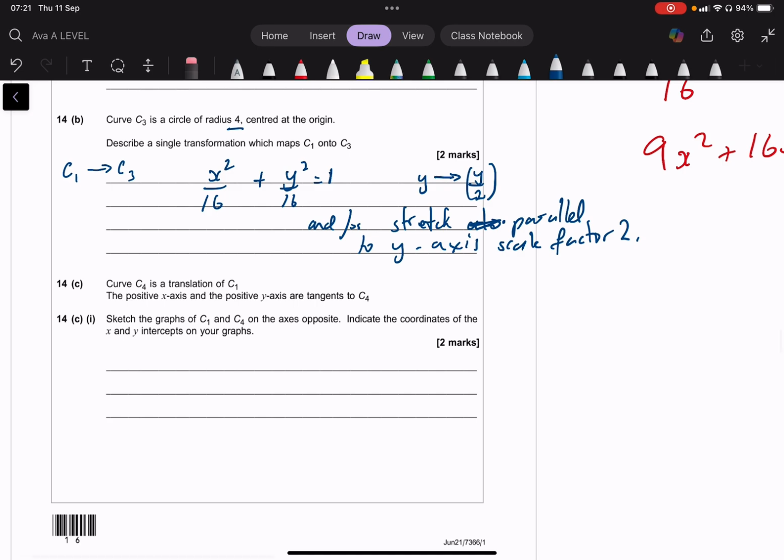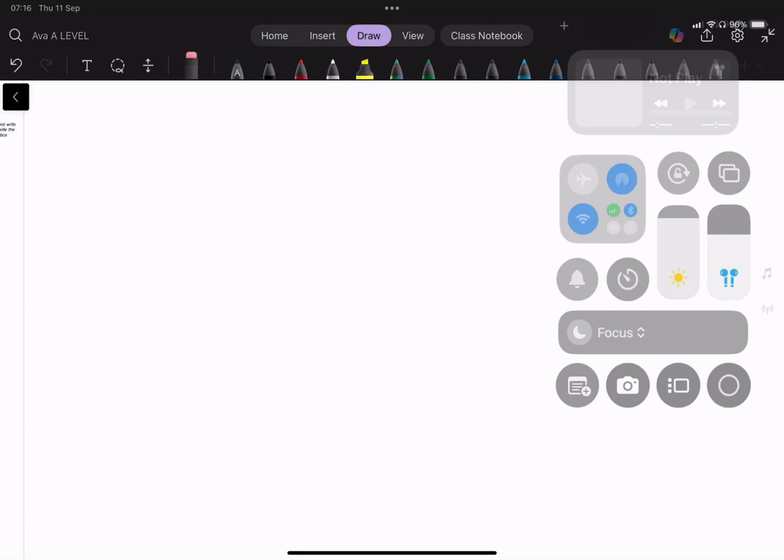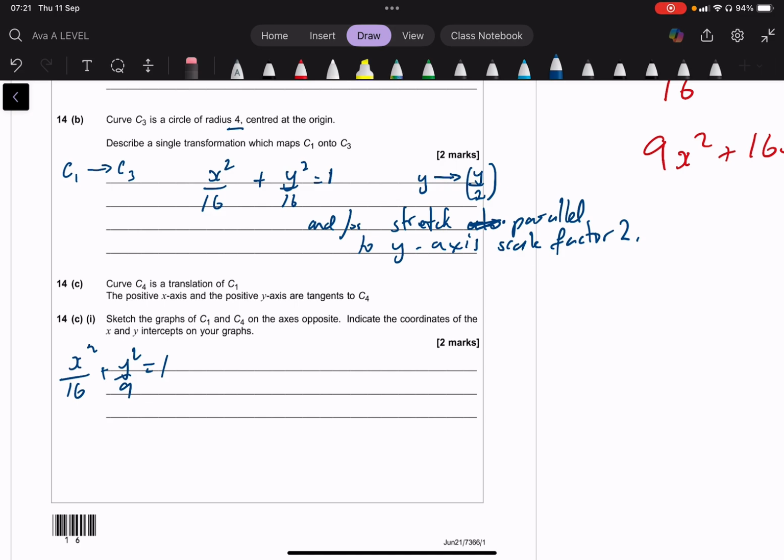Okay, part C. C4 is a translation of C1, so don't forget C1 is x squared over 16 plus y squared over 9 is equal to 1. So C4 is a translation. It says the positive x-axis and the positive y-axis are tangents to C4. Okay, so I'm actually going to draw this. Here's C1. There's C1.